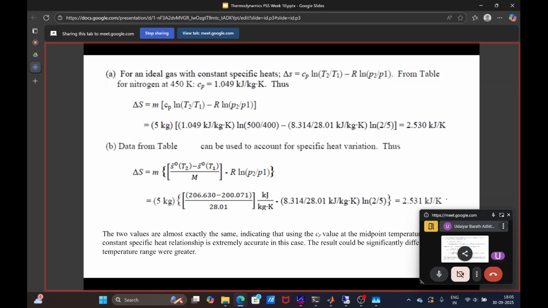Integrating that, you get Cp ln T2 by T1, minus, because V is RT by P and you are dividing by T, you are left with minus R by P dP. Integrating, you get minus R ln P2 by P1 for the two end states.